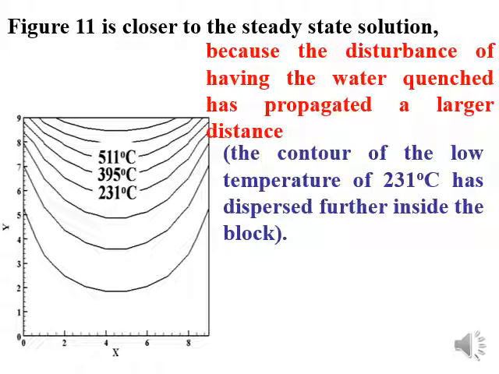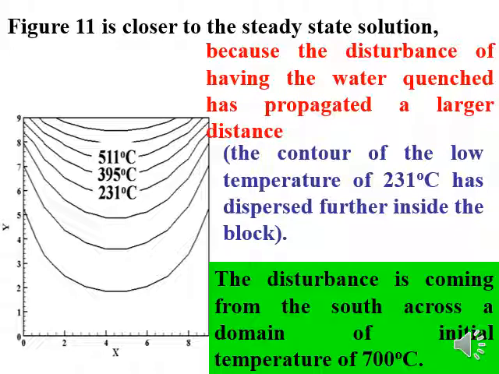So the contour of the low temperature of the 231 has disappeared further inside the block. So this is because the disturbance is coming from the south across a domain whose initial temperature was 700, so that the redistribution takes longer time to restrict these higher temperatures near the upper bound.